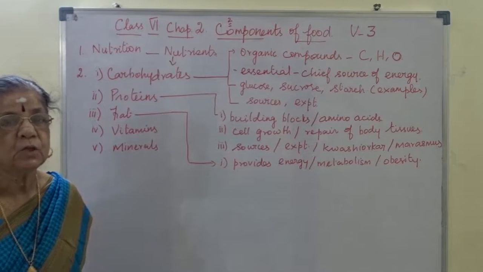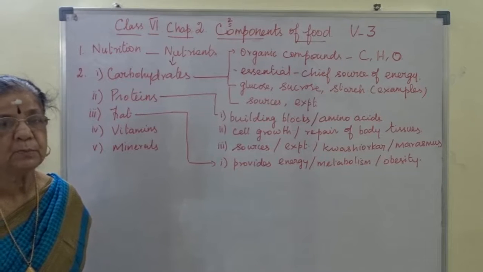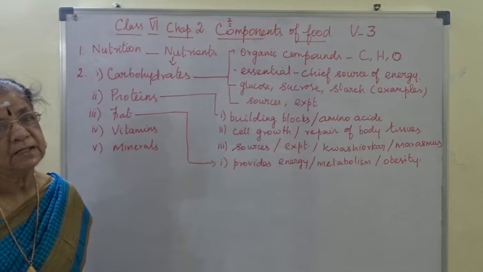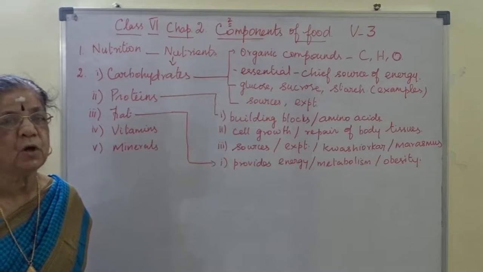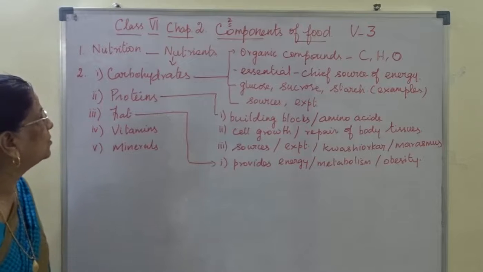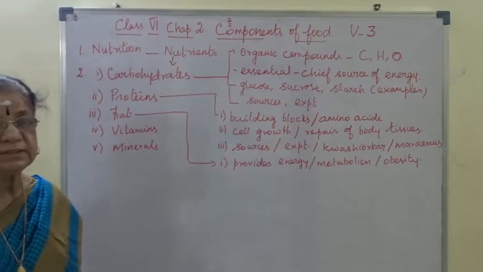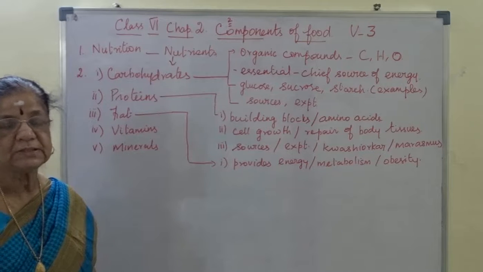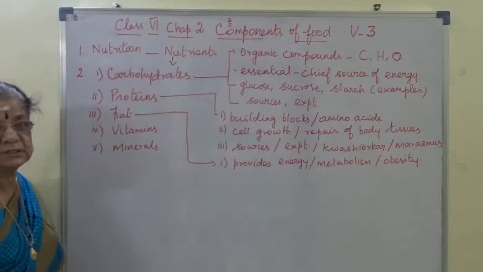I repeat, components of food are carbohydrates, protein, fat, vitamins and minerals. All these components form the nutrients, the nutrients which are taken as food. And the process of taking food is called nutrition.